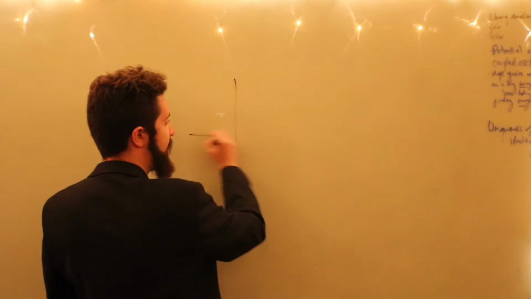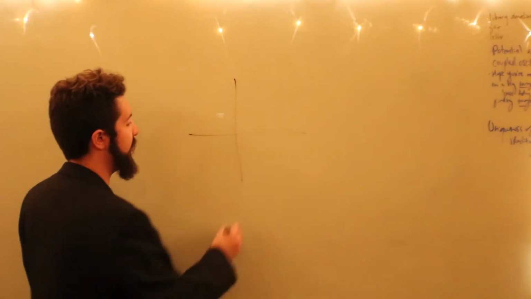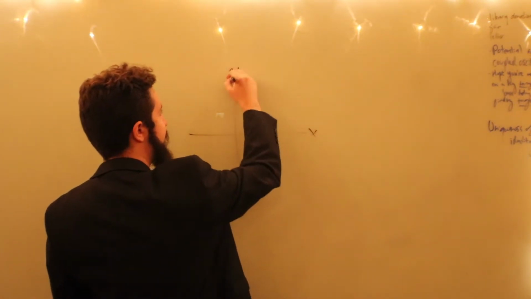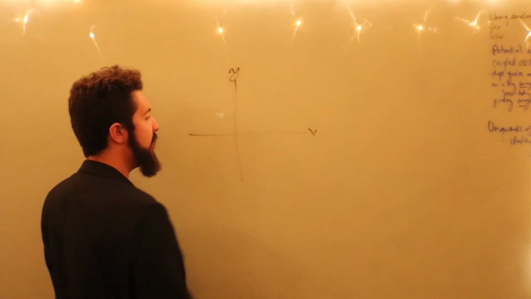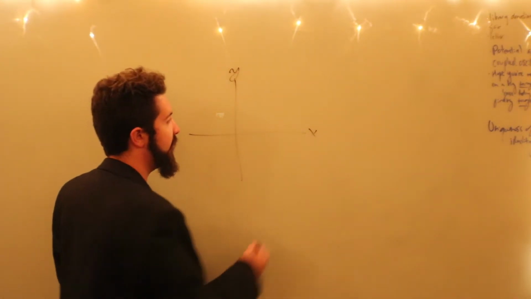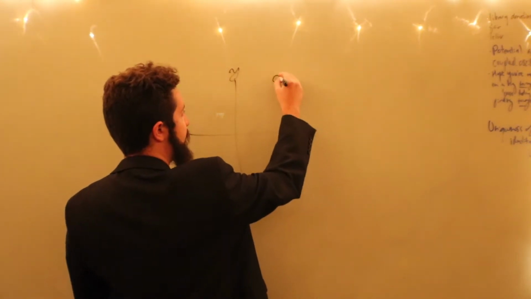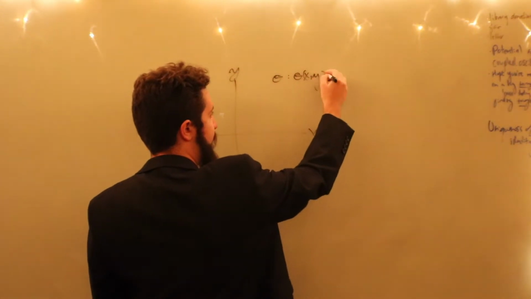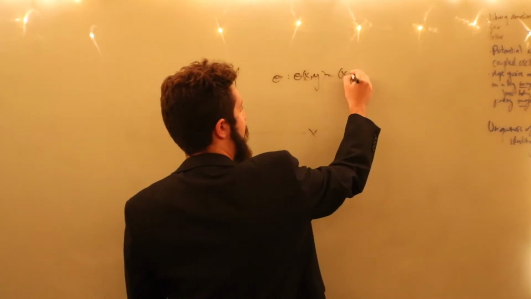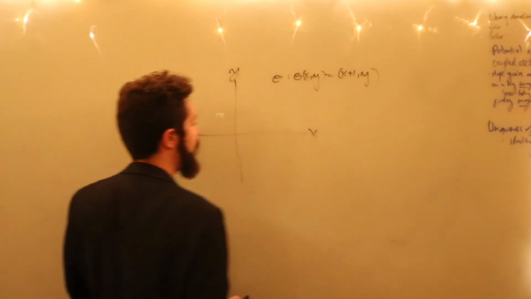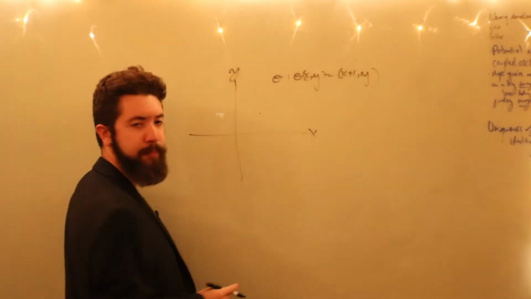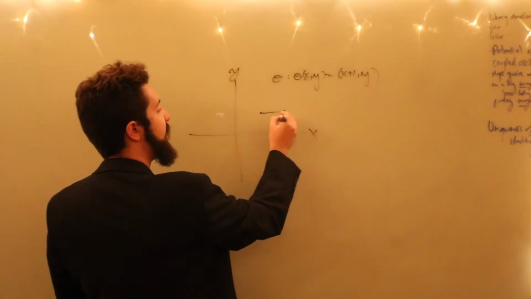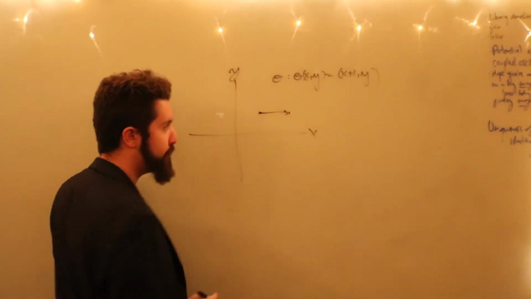If we have our normal two-dimensional plane, this is our x-axis, this is our y-axis, and then why don't we define a function, let's call it sigma, where sigma of (x, y) is equal to (x plus 1, y). That means wherever you are, let's go exactly 1 to the right.